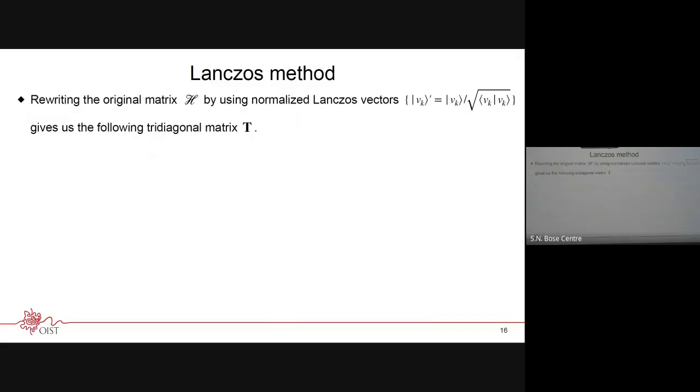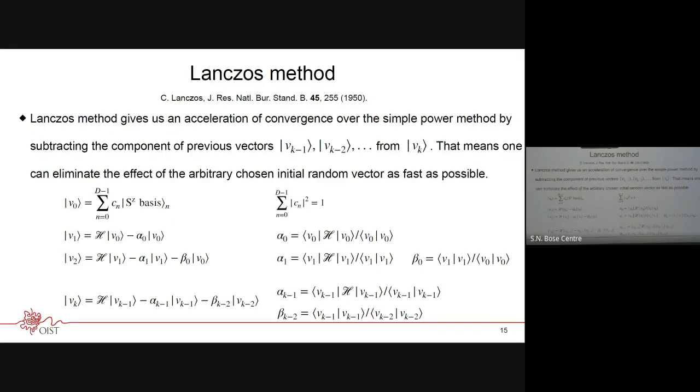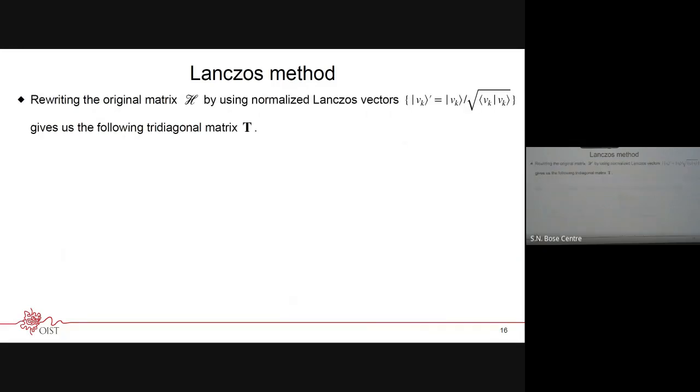I'm calling these vectors the Lanczos vectors, and we are using these Lanczos vectors as a new basis to describe the matrix Hamiltonian. So what we would like to do is rewrite the original matrix Hamiltonian by using the normalized Lanczos vectors Vk prime here.